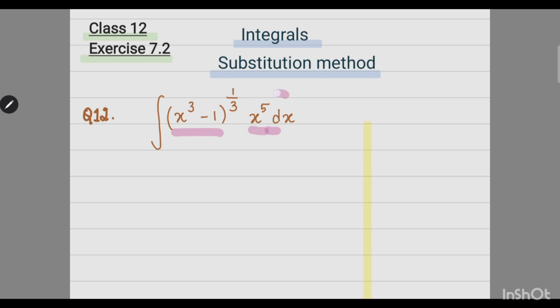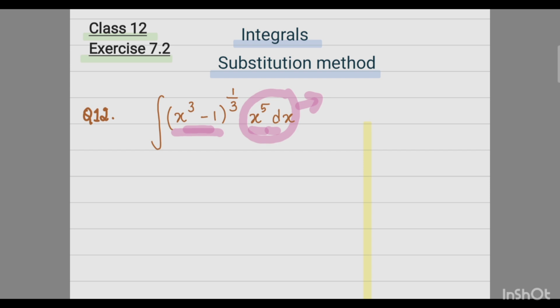So x to the power 5 dx is free, right? And in (x cube minus 1) to the power 1 by 3, we have base and exponent. So if we select x power 5 equal to t, we need to deal with this 1 by 3 to write dt.